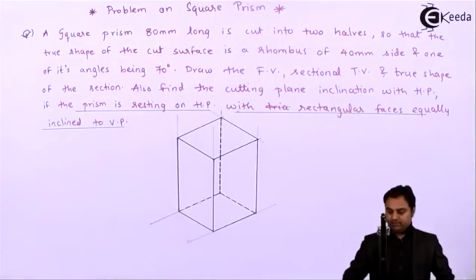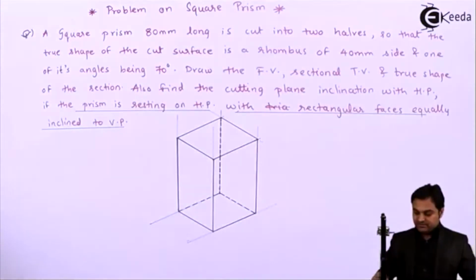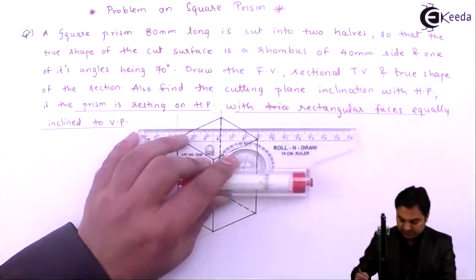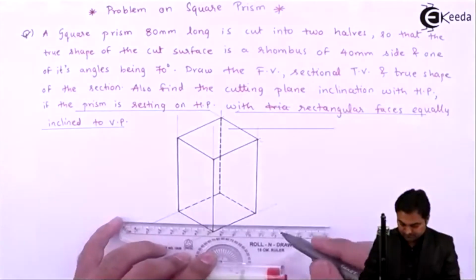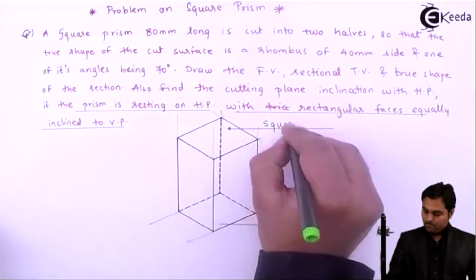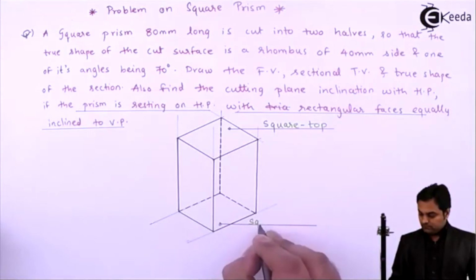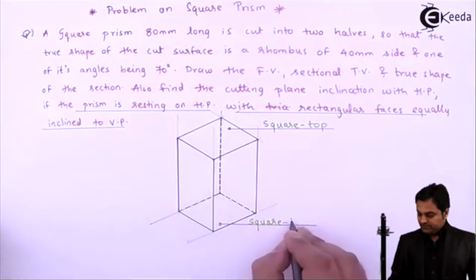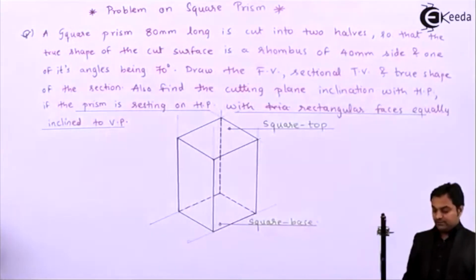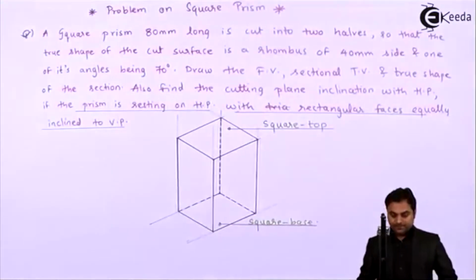So here we have a diagram of a square prism. In this, the top as well as the base are in the shape of a square. Square top, square base. Then the base corners and the top corners are connected.